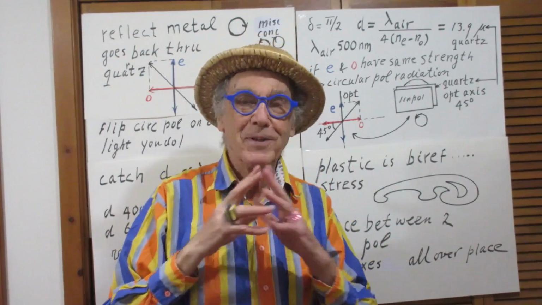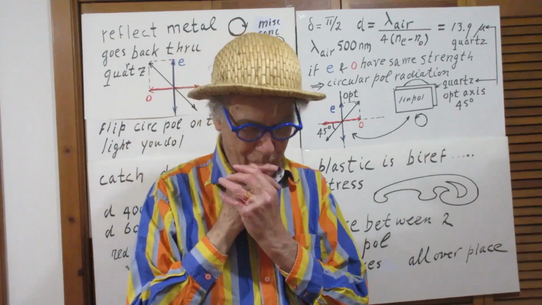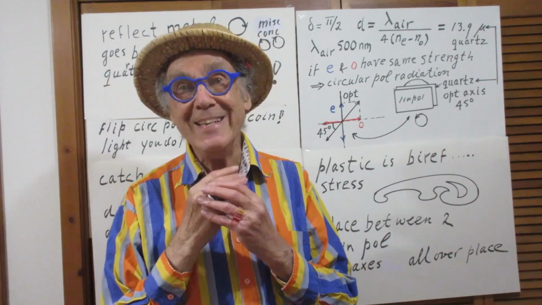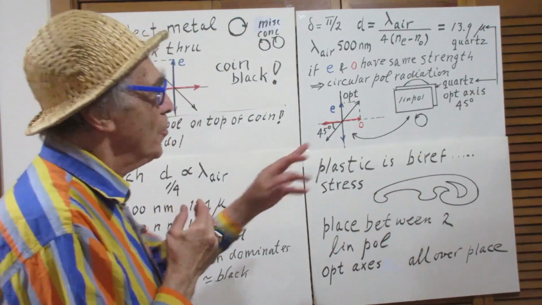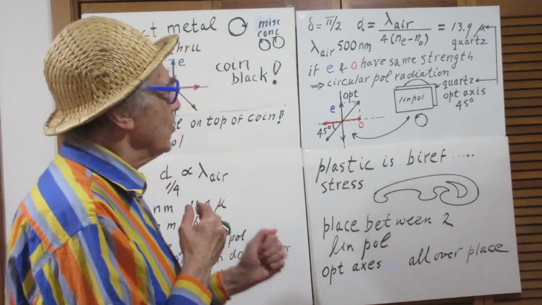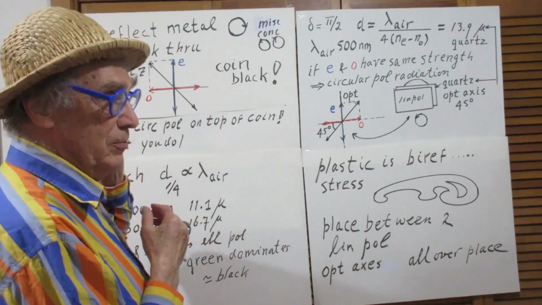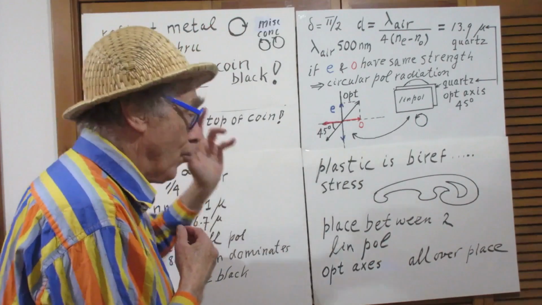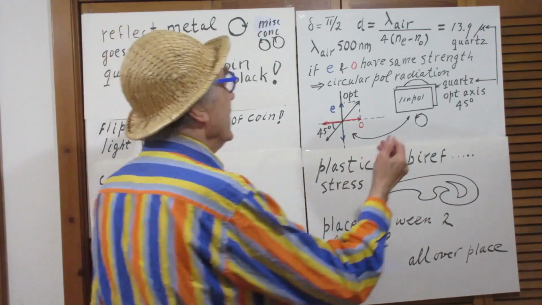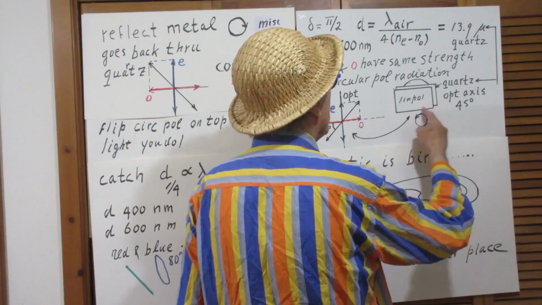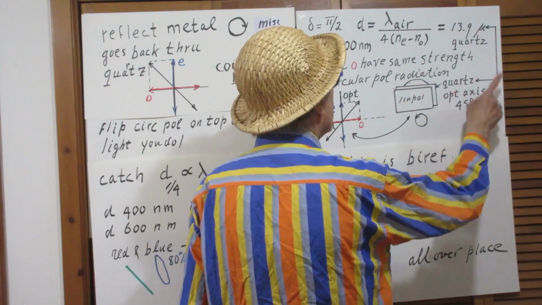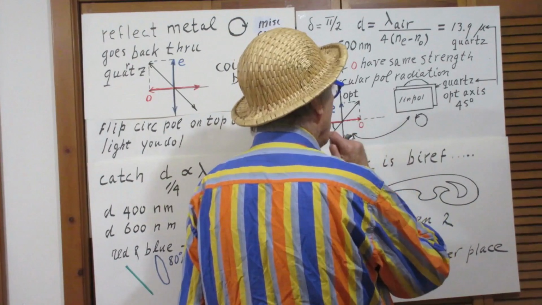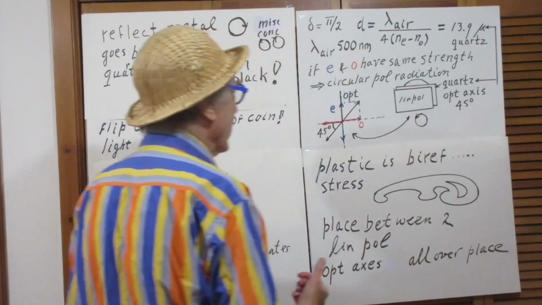It's very clever, but it's totally wrong. Because the only light that you will see when you look at this side is, of course, the light that comes back at you. That's this light. Now, of course, it has to go through the quarter wave plate, and then it has to go through the linear polarizer, and then it comes into my eye.